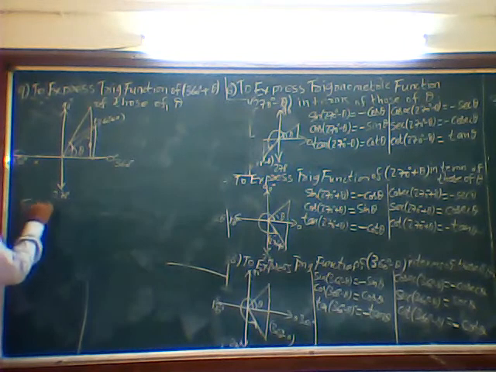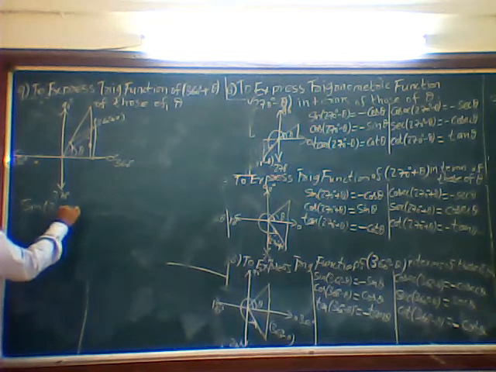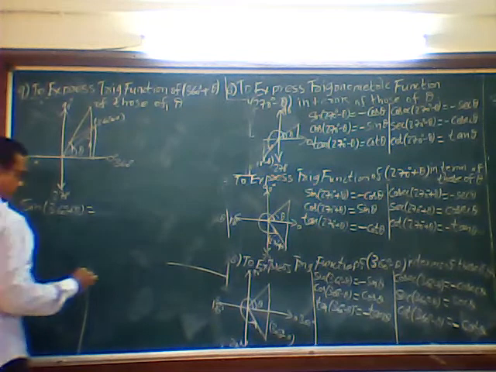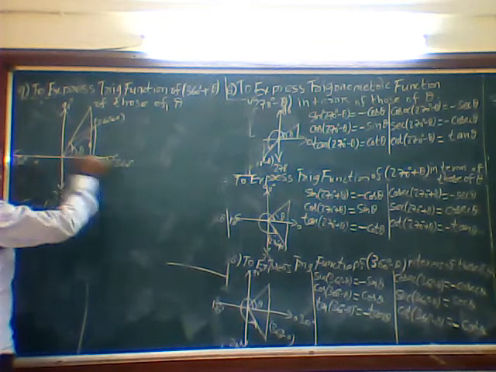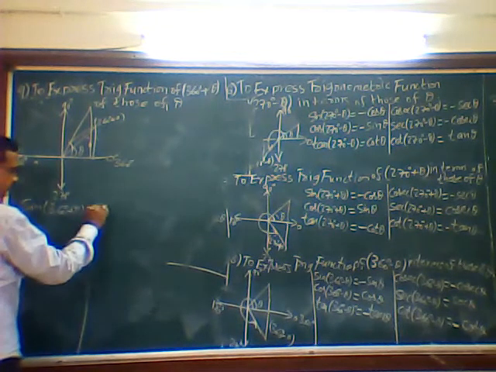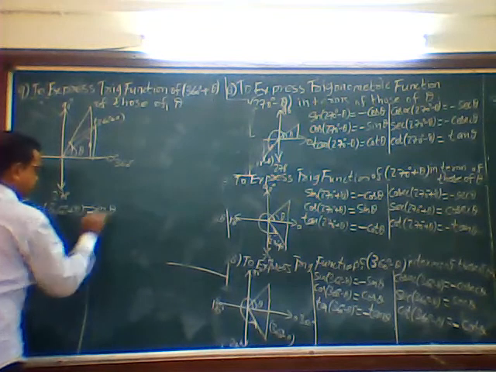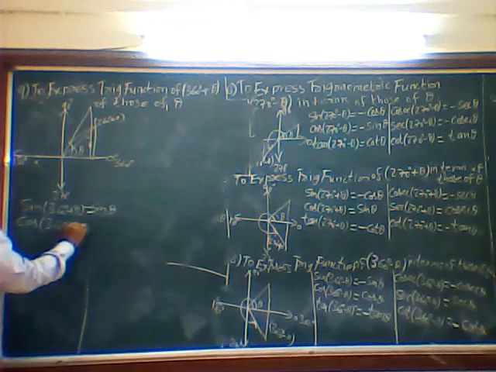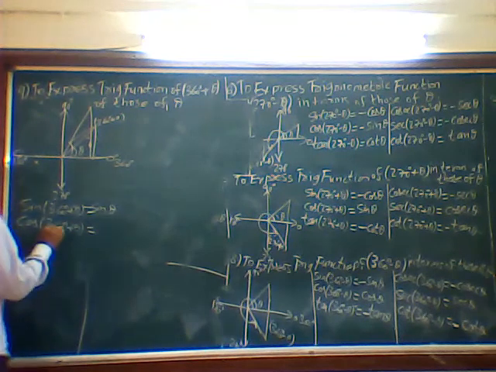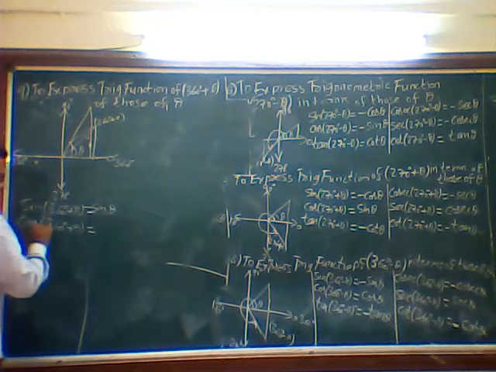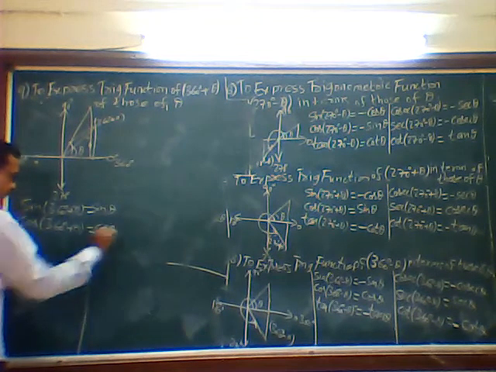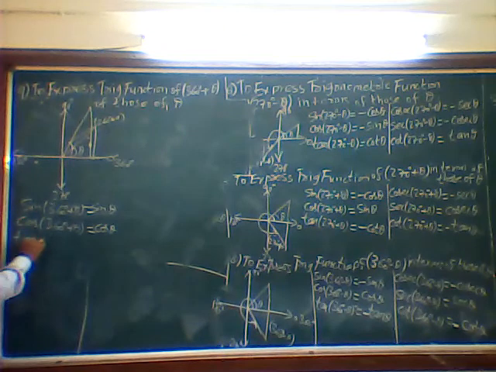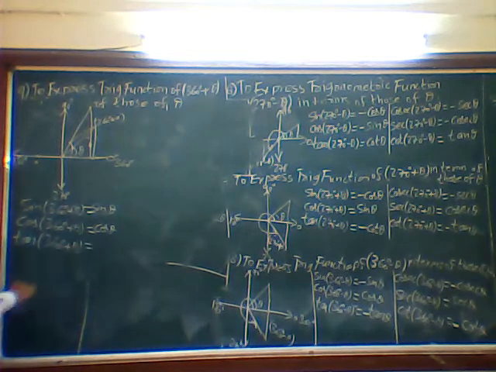So sine of 360 degree plus theta. In the first quadrant all are positive. Since the angle lies on the x-axis, the ratio remains the same: sine theta. Cos of 360 plus theta. Since it lies in the first quadrant, it is positive. Since the angle is lying on the x-axis, cos will remain cos theta. Tan of 360 plus theta. Again first quadrant, all are positive.